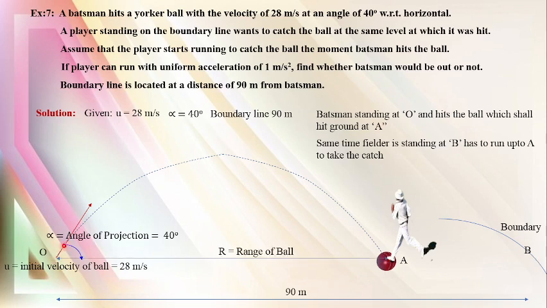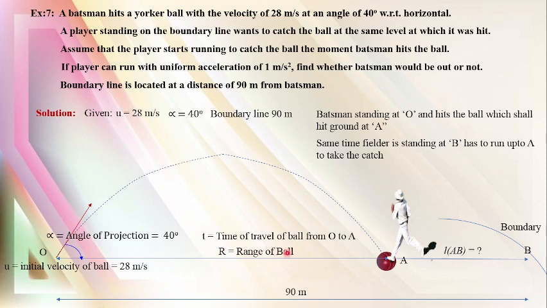The ball has traversed a path from O to A. So this is going to be the range of the ball. This is going to happen within a certain time interval, and that is called the time of flight. Second thing, the fielder was initially at point B and he has to move a distance of AB, which is undetermined yet. When will we be able to find this length of AB?